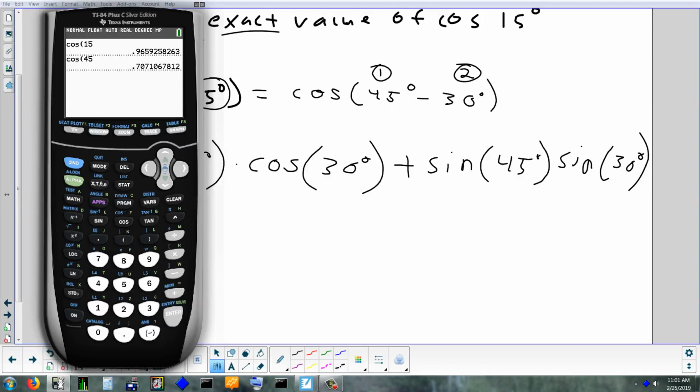Yeah, that number right there, 0.707, if you take the square root of 2 and divide by 2, that's exactly what we just got. There's not many of these you have to remember. That is one of them. 0.707 is the square root of 2 over 2. Okay, there's like maybe 4 of them to know. So I would just try to remember or write that one down on your reference sheet. Okay, so the first one is square root 2 over 2.